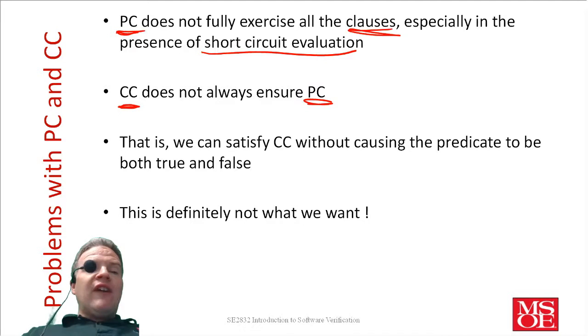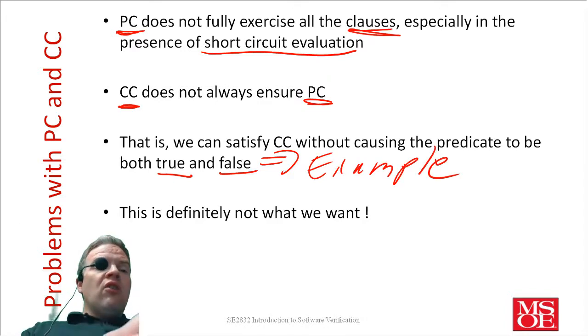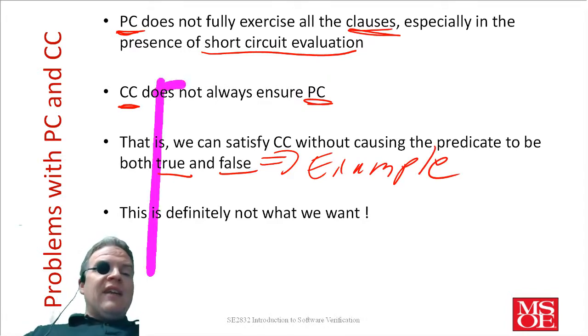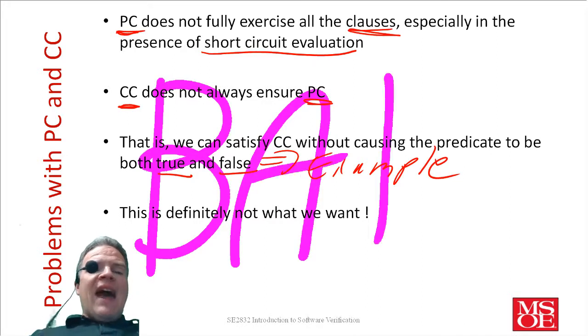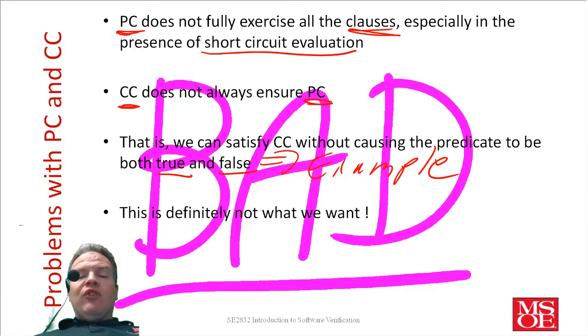So we can satisfy clause coverage without the predicate being both true and false, as is given by the example. All in all, that is bad. We do not want our system to behave like that. So to get around that, we need to come up with some other approaches.